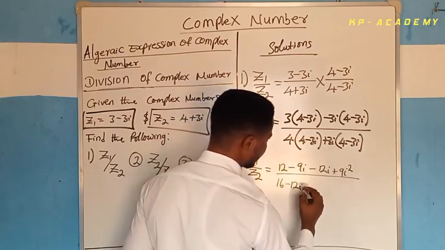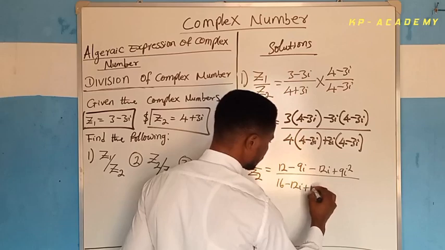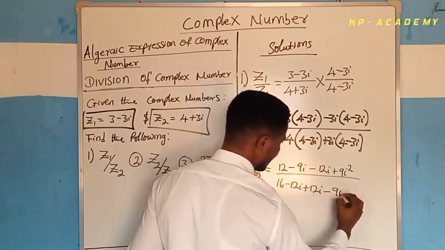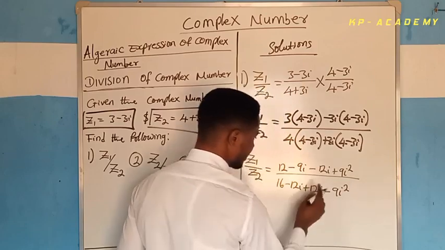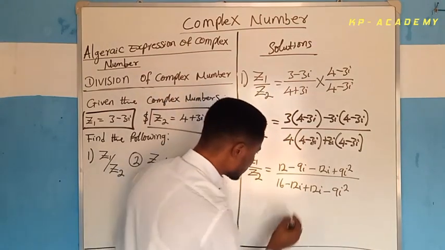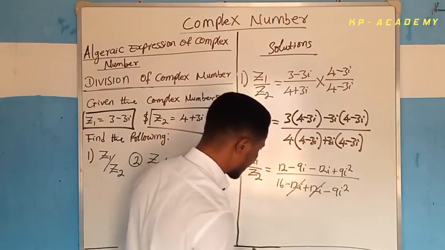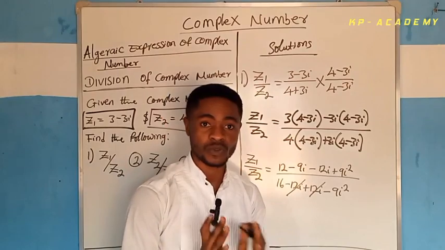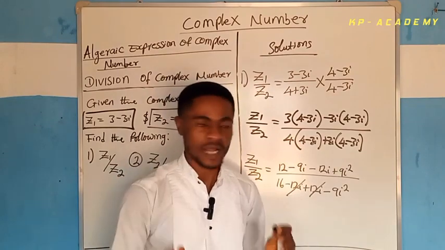Over here we have plus 12i minus 9i squared. If you focus your attention on the denominator here, you will notice that this and this are the same in magnitude but opposite in sign, so they can cancel out.